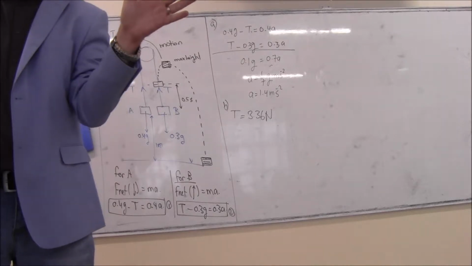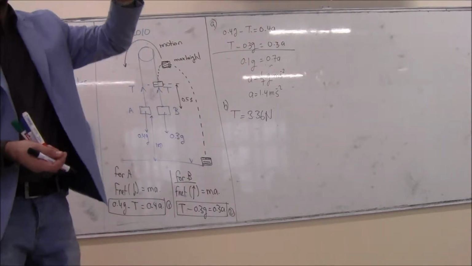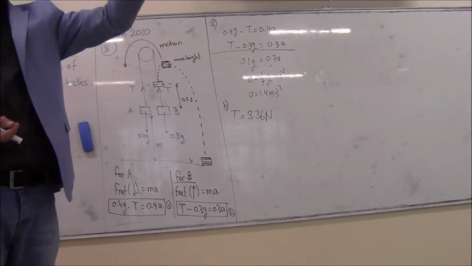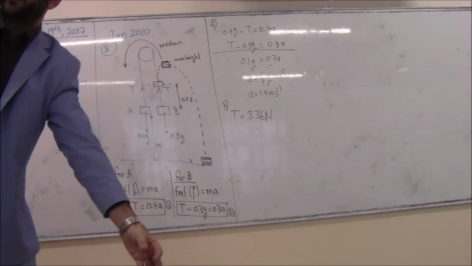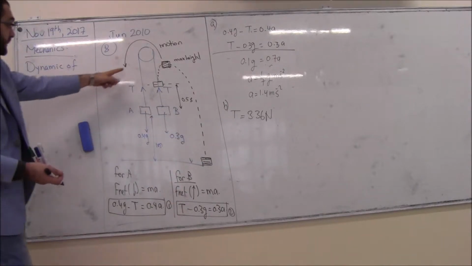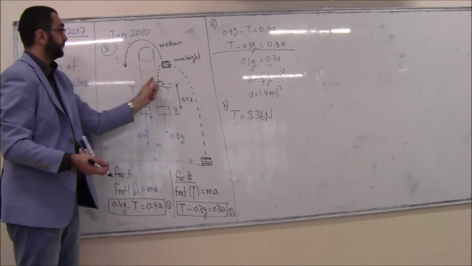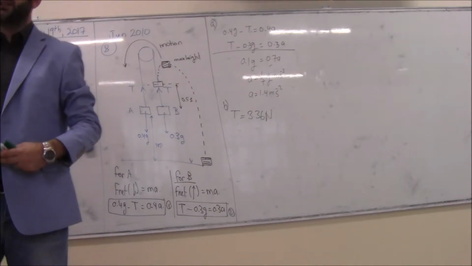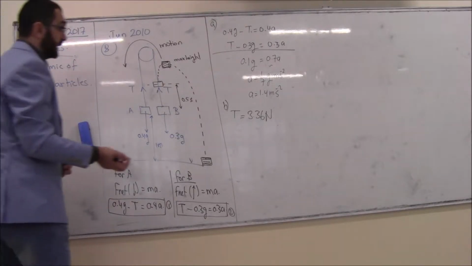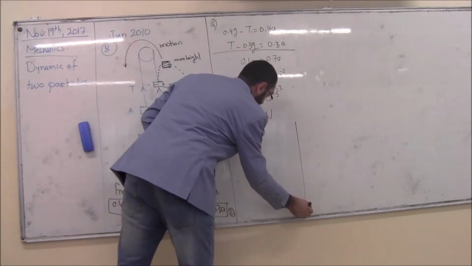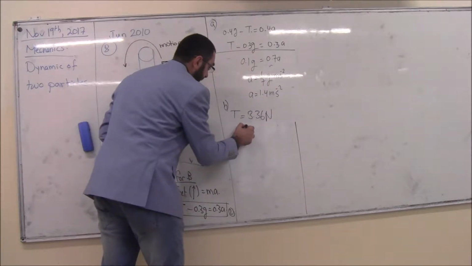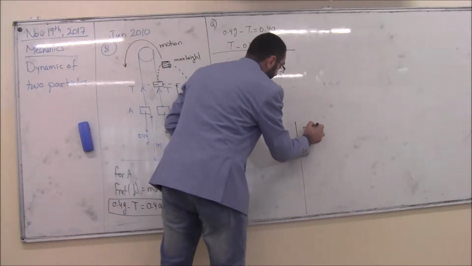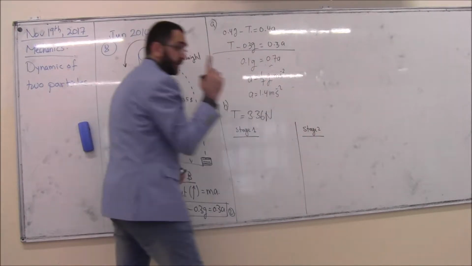The particle will not stop immediately, so it will continue moving upward, then it will fall down by means of gravity. Here the string is broken. How many stages do we have? 2 stages. Stage 1 and stage 2. Be careful now, please.